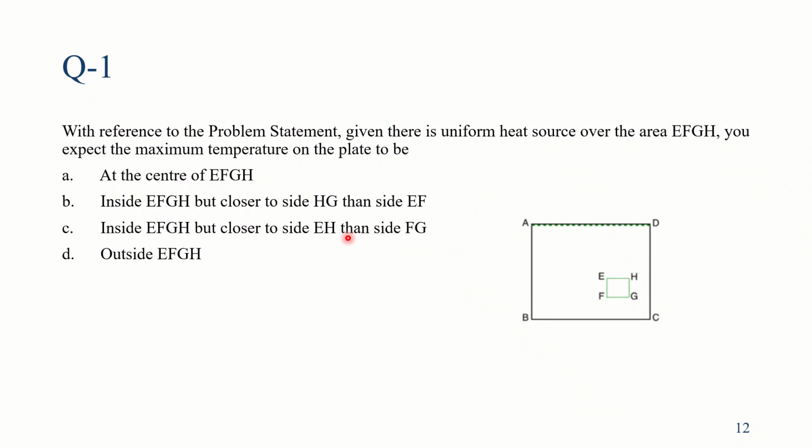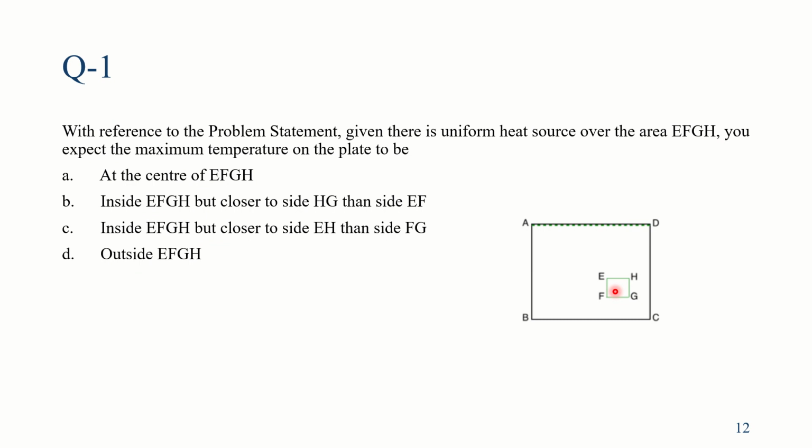So we can say that it is inside EFGH, but be careful, it is not at the center. Only there do we have the maximum temperature, because we have the constant source over that region.